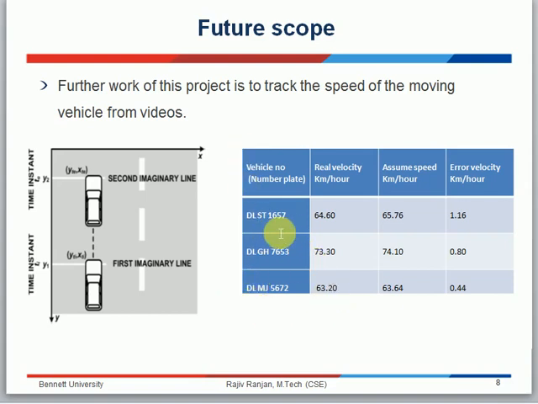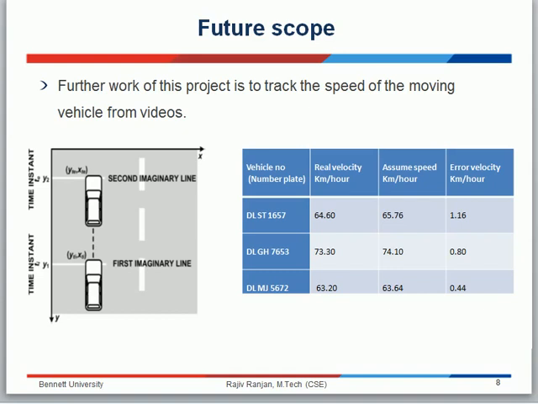The number plate of the vehicle could also be detected, and then we can calculate the speed. So speed limit laws can be applicable: if a vehicle is crossing the speed limit, then it could be detected and reported to the nearest control room, right?